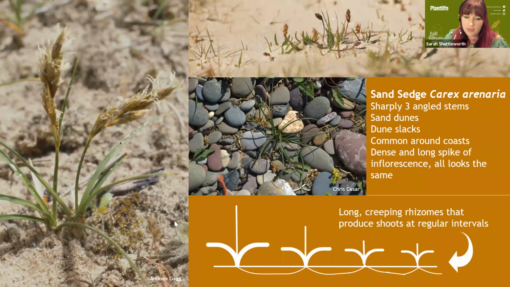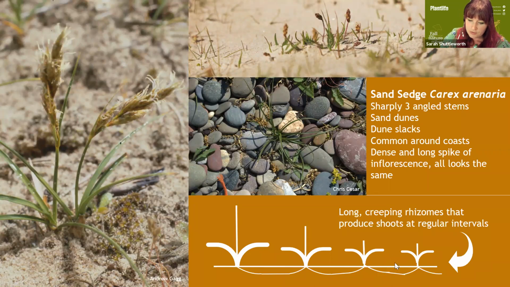But also the other thing is it has these long creeping rhizomes under the sand that pop up new plants all the way along. So for those who aren't familiar with the term rhizome, it's basically like an adapted stem that grows underground, sending up genetically identical plants as it goes along. Stolons are the ones that grow overground. So it's the rhizomes that happen underground where you can't see.